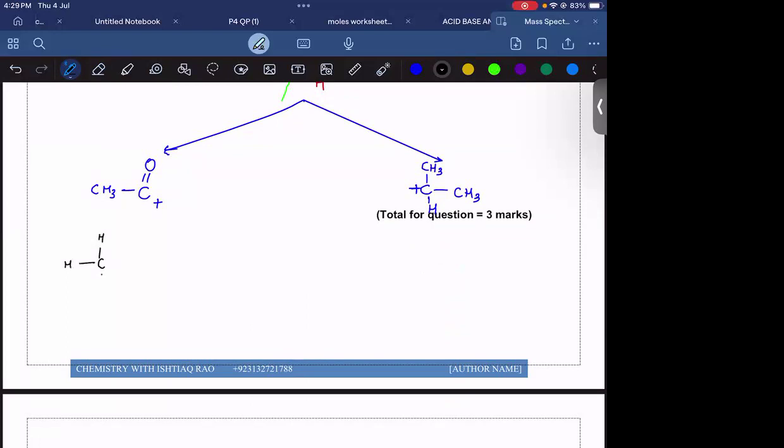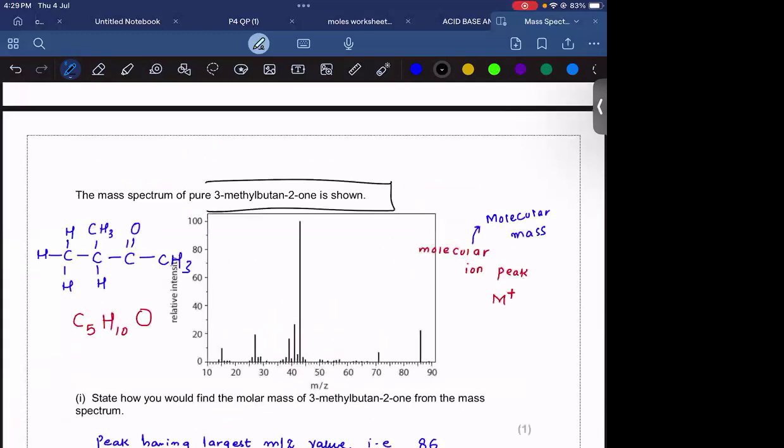This is oxygen, and this is positively charged carbon with 1 hydrogen, and this carbon is having 3 hydrogen atoms, and also you have 1 carbon which is having 3 hydrogen atoms. So these are the fragment ions which are going to be produced if you break down this compound. Are you getting my point?